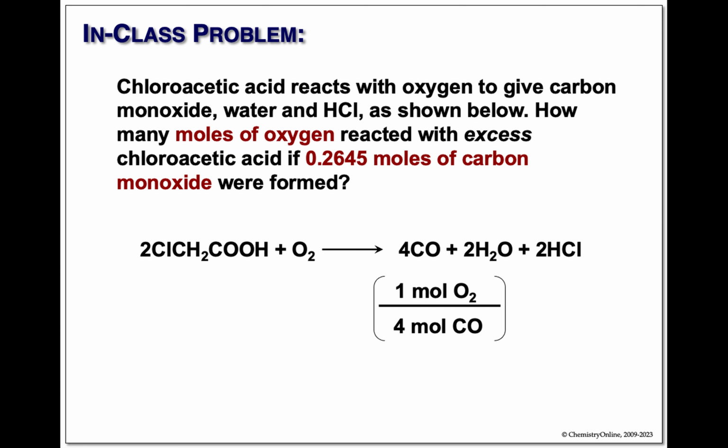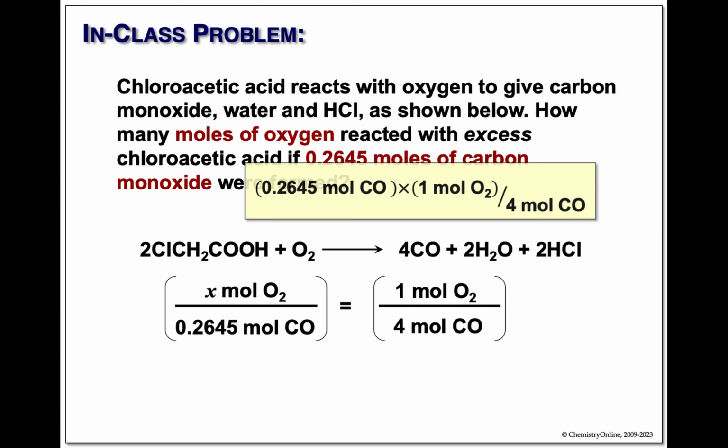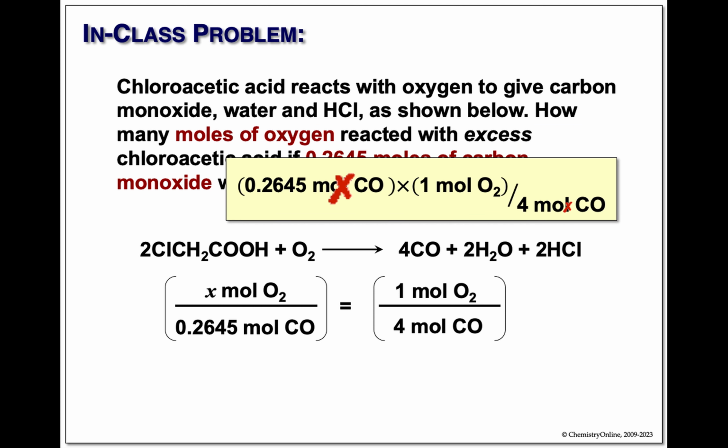Our unknown ratio, we're looking for moles of oxygen, that's X. Moles of carbon monoxide is the given. And we simply multiply 0.2645 times 1 divided by 4. Again, you don't have to write out anything, but you could. Moles of CO will cancel, and this is your calculator answer.